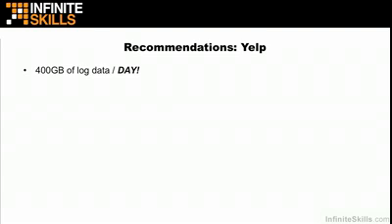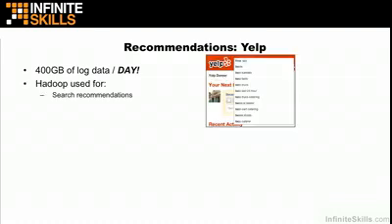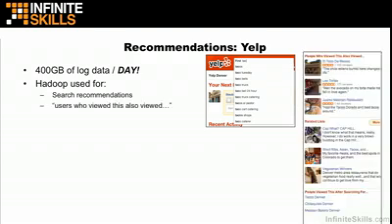Yelp is probably the number one online resource for dining and entertainment recommendations. They process 400 gigabytes of logs per single day. They use Hadoop for nearly everything. For example, search recommendations. Here, as I started typing find tacos, it actually did a look ahead on the spelling to be able to quickly provide recommendations for my search. Users who viewed this also viewed something else recommendations, such as we see here.